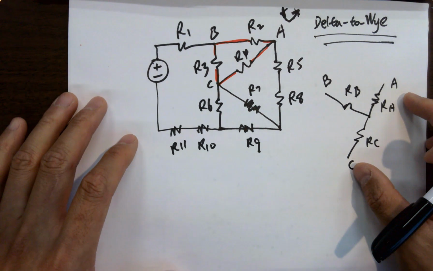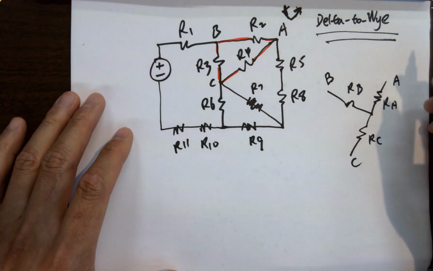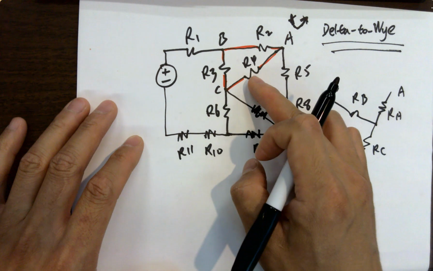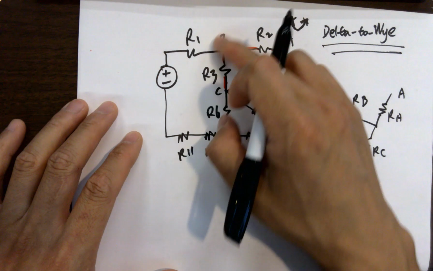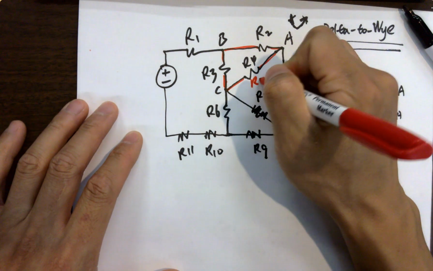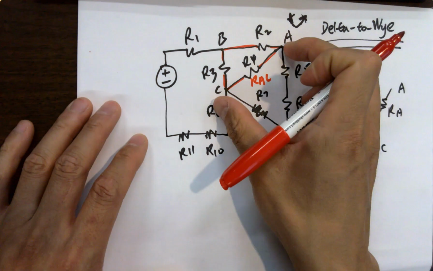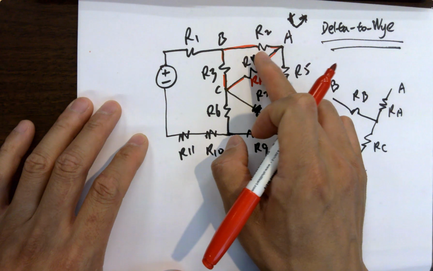Because the equation uses all the labels to calculate a certain resistance. For example, these resistors are given, and if we label it, the resistance between A and C will be named RAC. That's easy to label since it's between A and C. So what's this resistance though? R what?